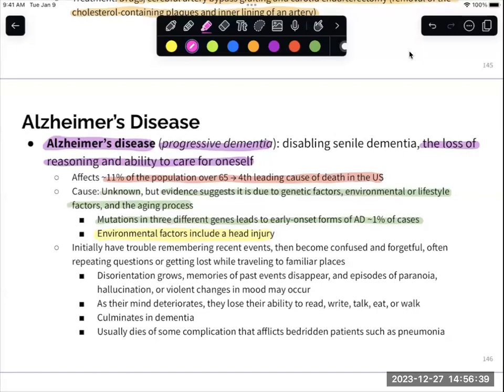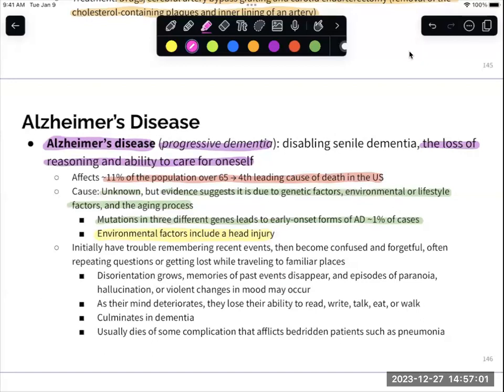They can get lost while traveling to familiar places. That disorientation just continues to grow. They continue to forget more things from the past, and it starts to bring on paranoia. They get paranoid because they don't know what is happening. They can have hallucinations.